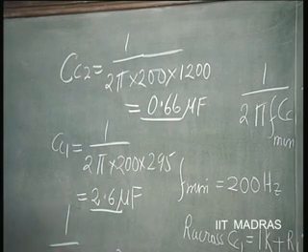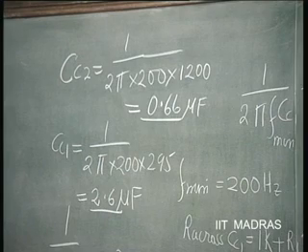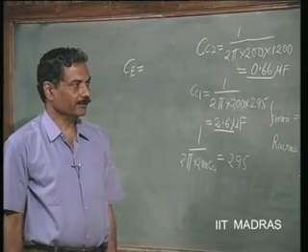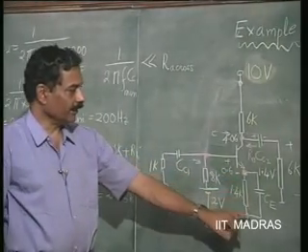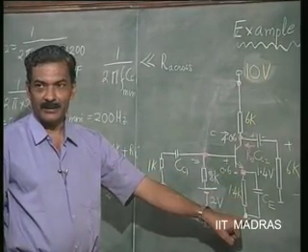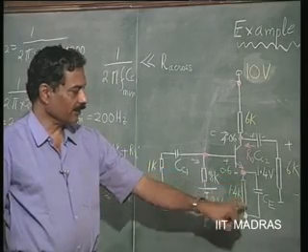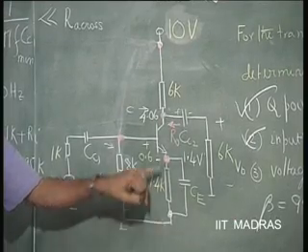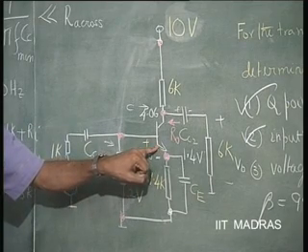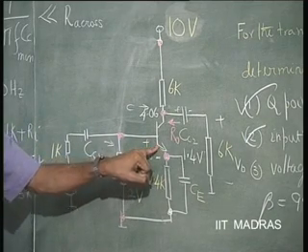Finally, CE. Once again, I would like to see the resistance across this capacitor. This we had already done earlier. The resistance across this capacitor is 1.4K parallel RE, which is 26 ohms.